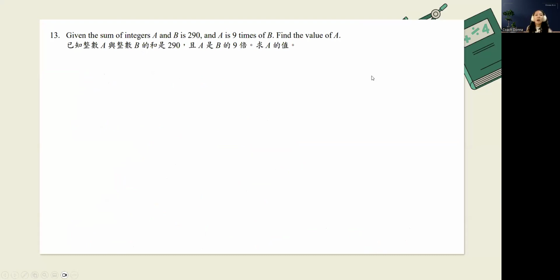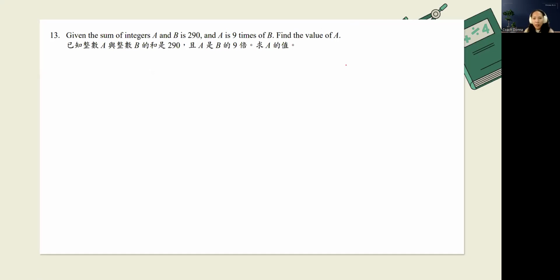Okay, given the sum of integers a and b is 290 and a is 9 times of b, find the value of a. So for questions like this, all we have to do is write down a plus b.